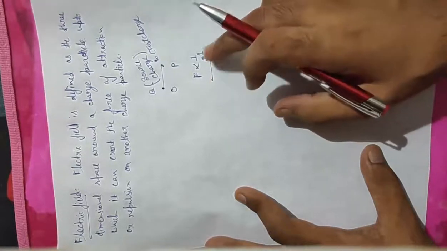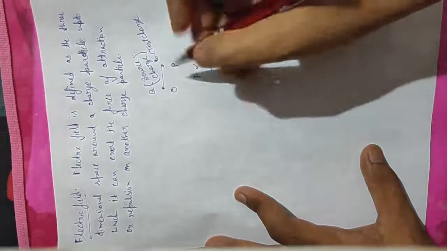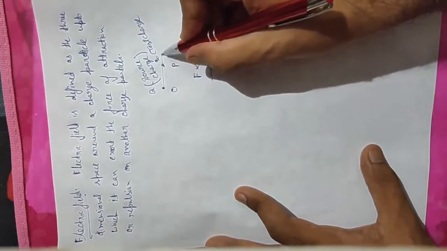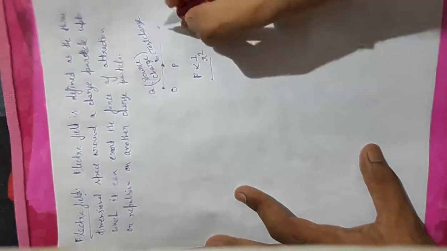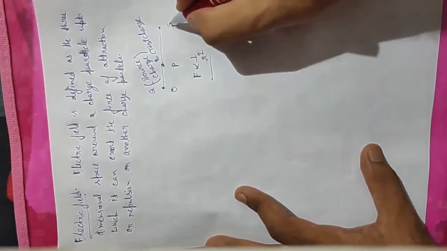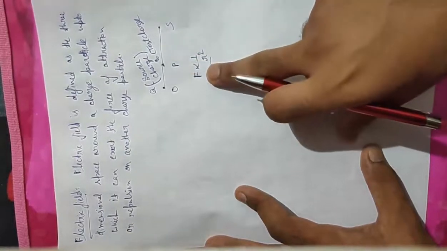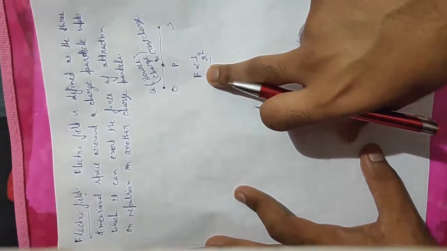At a certain point, this force will become negligible. Let us consider we move this point charge from P to a certain point S. At this point, the force of interaction between these two charged particles becomes negligible.